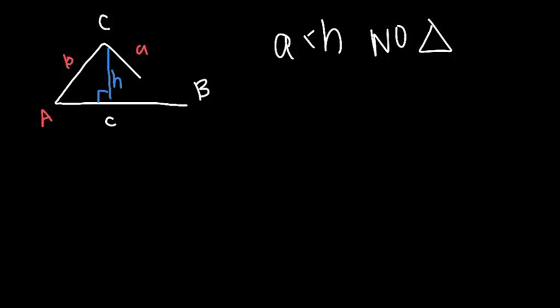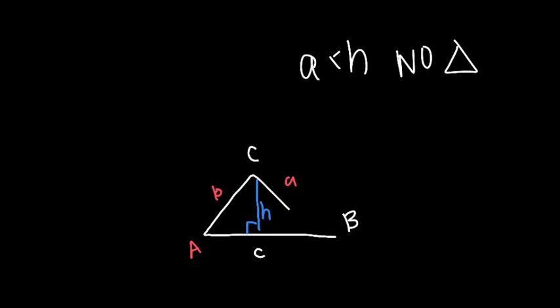This tells us that if side A is too short, it won't be able to form a triangle because it can't reach side C, like in this triangle. We can draw a circle with a radius little a to show this. As you can see, the radius will never come into contact with the side C, no matter the angle.